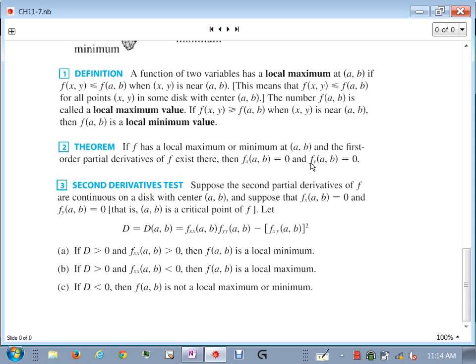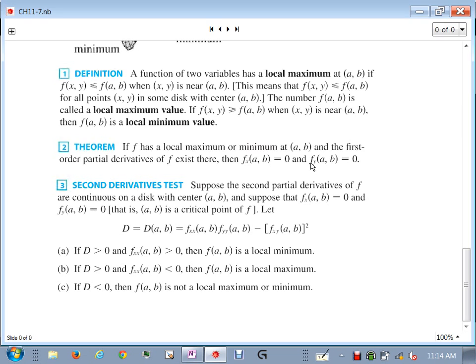So your second partials exist in this little neighborhood, a disk around some point. And suppose that the partial with respect to x and the partial with respect to y are both 0. All right? So if that happens, then here's what we know.